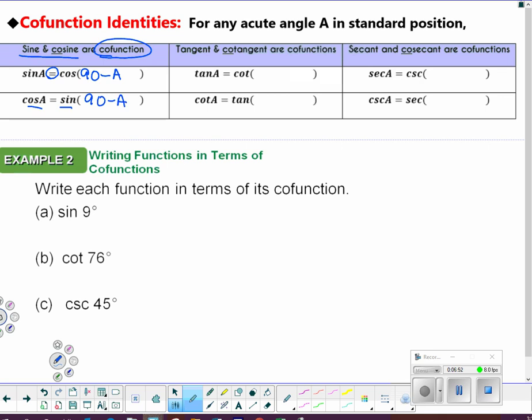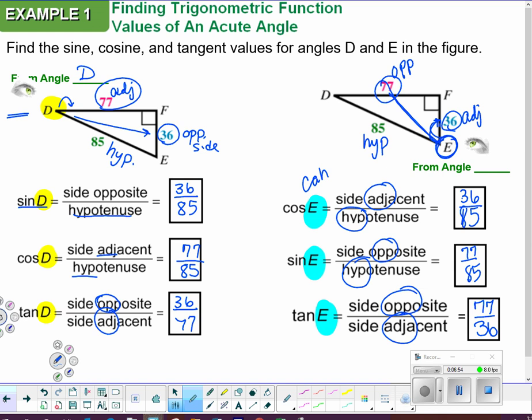You can see this relationship on those previous triangles that we did. Sine from angle D was 36 over 85. Now if I take angle D and subtract it from 90, it gets me the other angle, angle E, and cosine of angle E is also 36 over 85. That's because these are cofunctions.